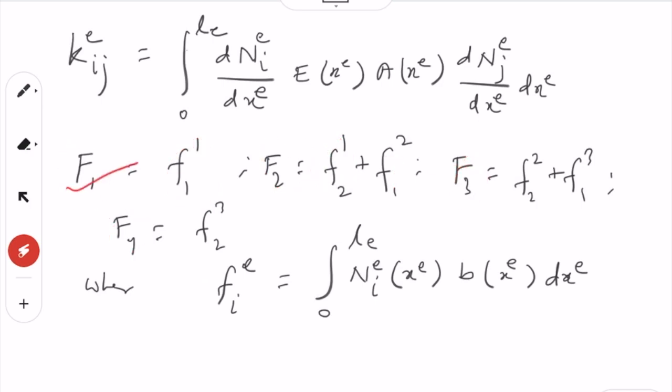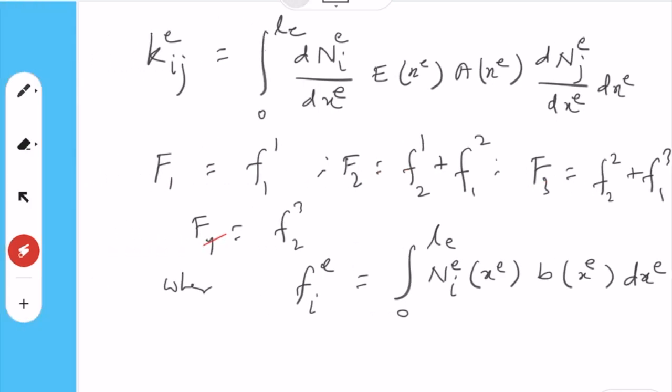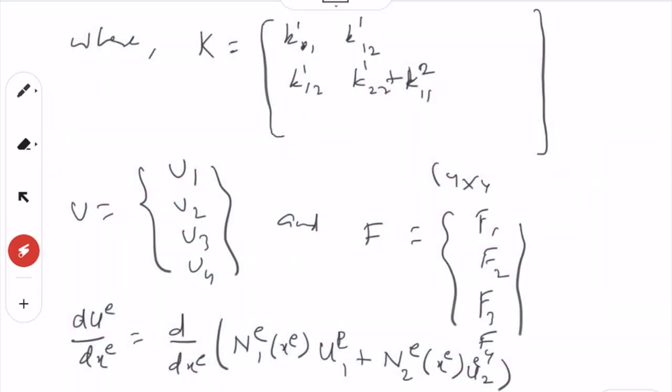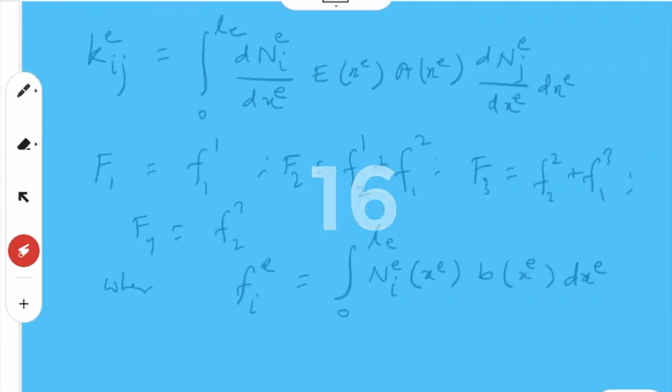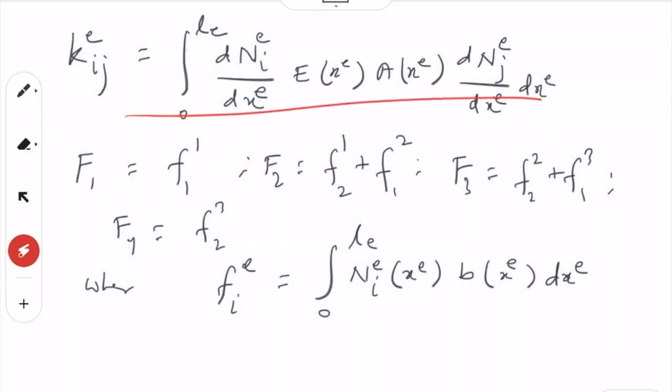Once you know f1, f2, f3, f4, you can compose this f vector. For u1, u2, u3, u4, you have to find out if u1, which may be the displacement at x equal to 0, and that you can maybe put 0 here. K you will find out the way it is written here.